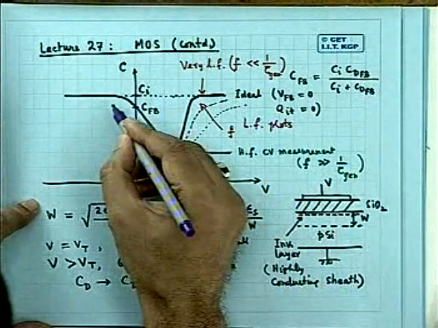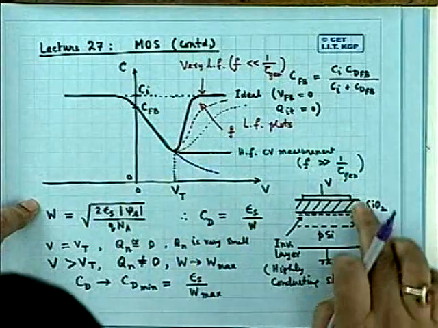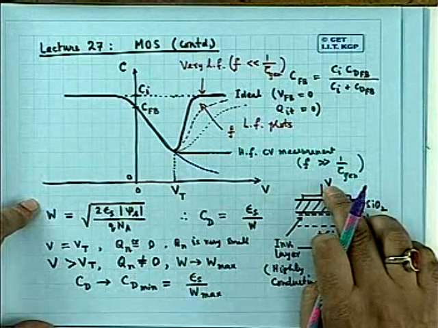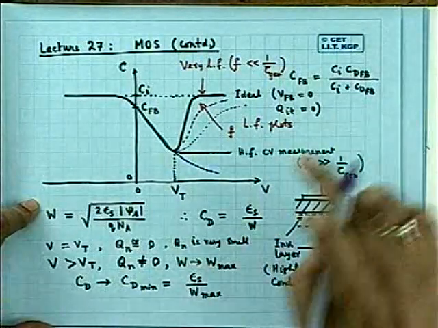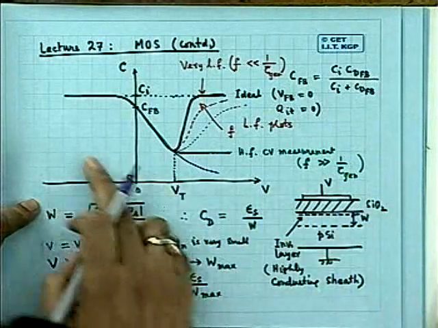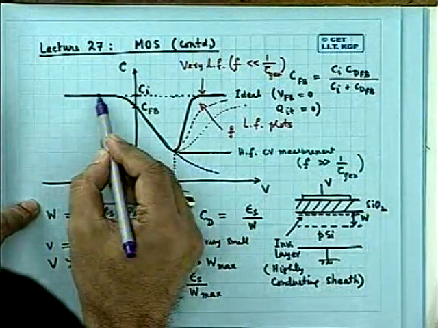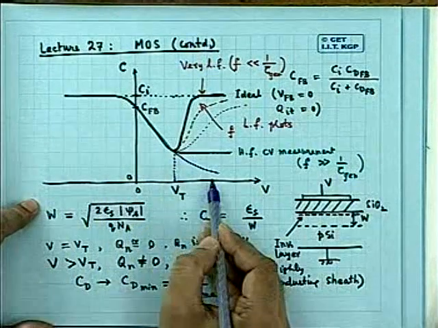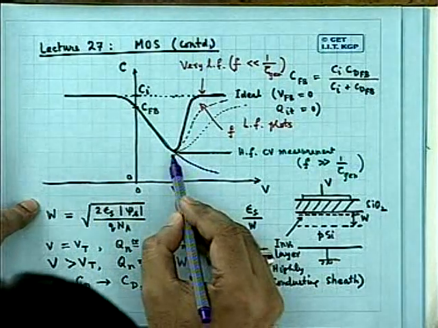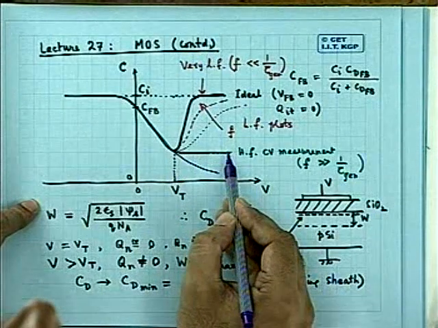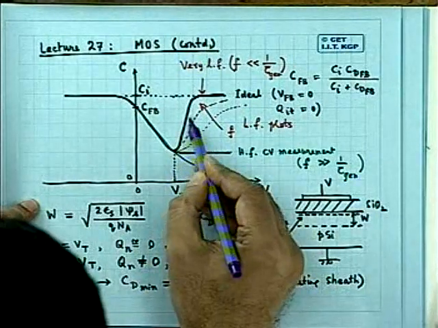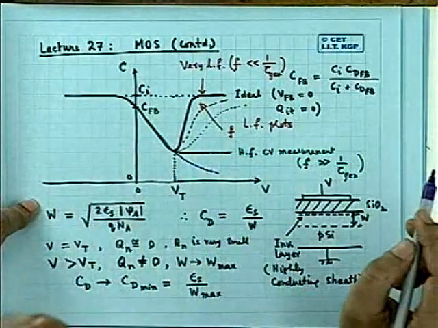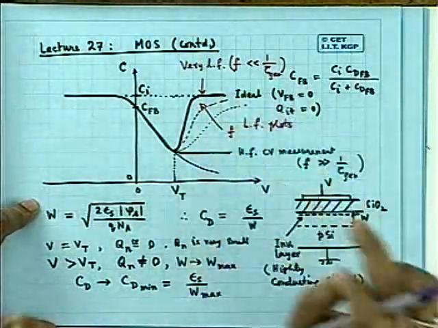And if you are applying a voltage here in the form of a pulse or in rapid ramp form, you will get the same characteristic from here to here, but thereafter it will go on decreasing. The capacitance neither will be saturated to a minimum value, nor will increase and then saturate to the maximum value of Ci, as in the case for high frequency and low frequency.